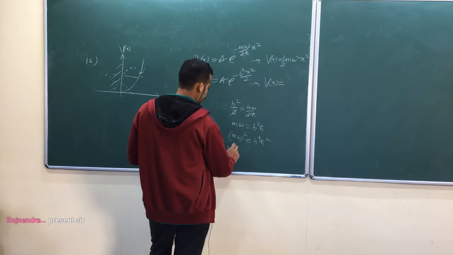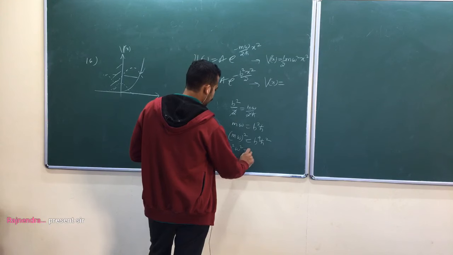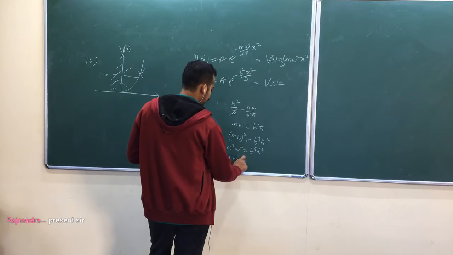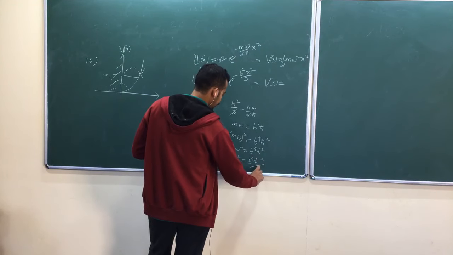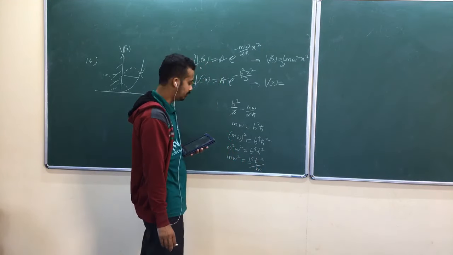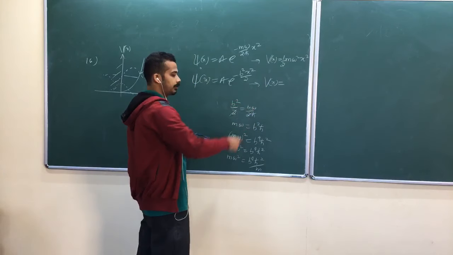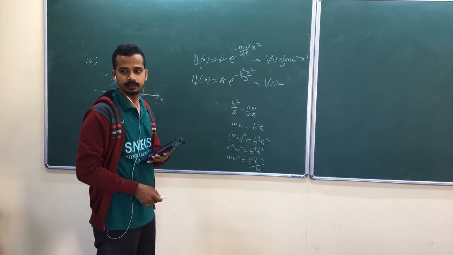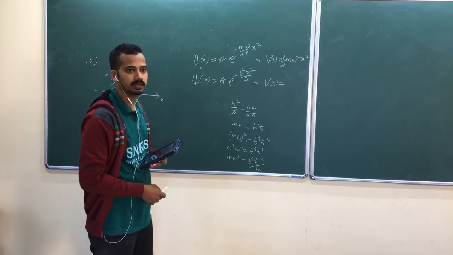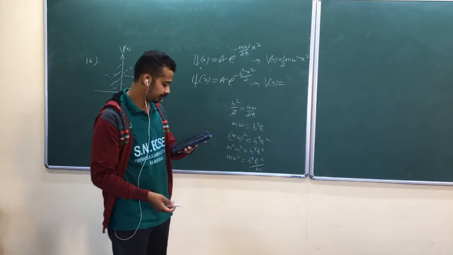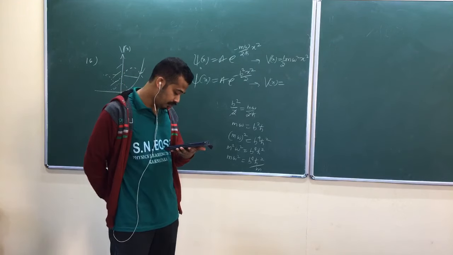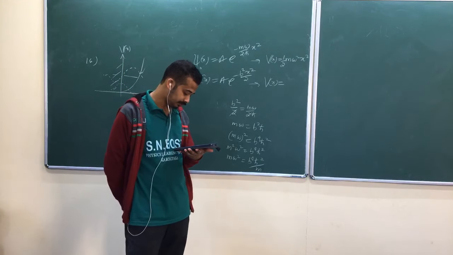M square omega square is equal to b raised to 4 h bar square. Why have I done it like this? Because I need m omega square over there. Are you getting my point? That was my target. So m omega square is equal to b raised to 4 h bar square by 2m, because you have two options with the same functionality.